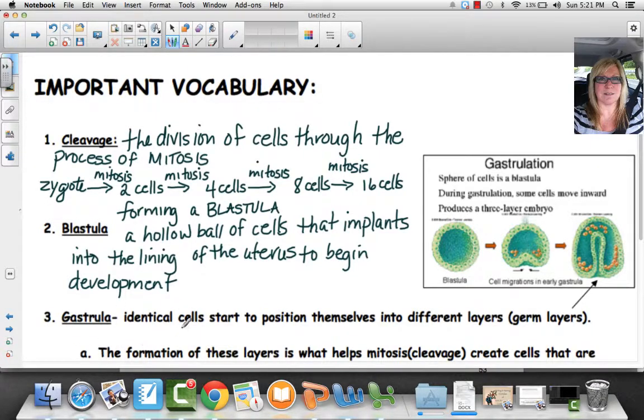Next, we have the gastrula, where identical cells start to position themselves into different layers. These layers are called germ layers.